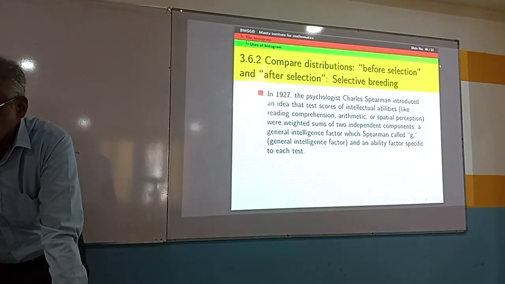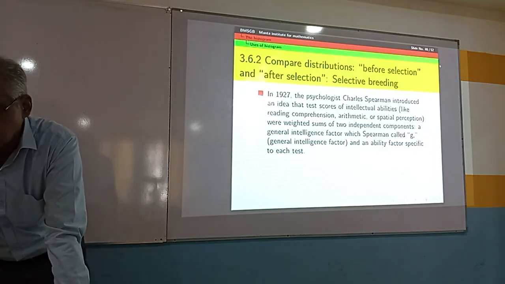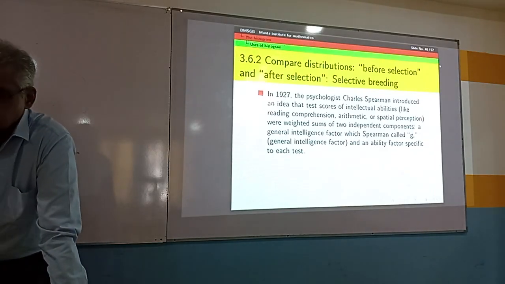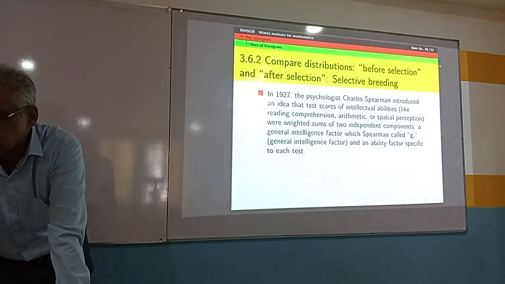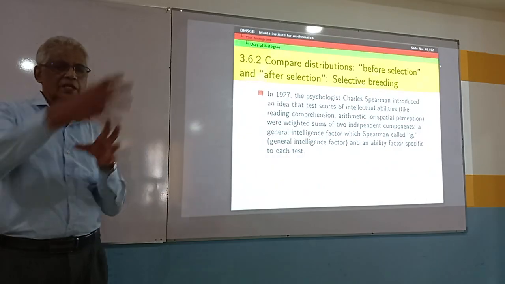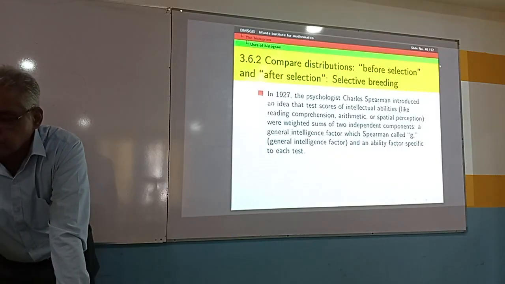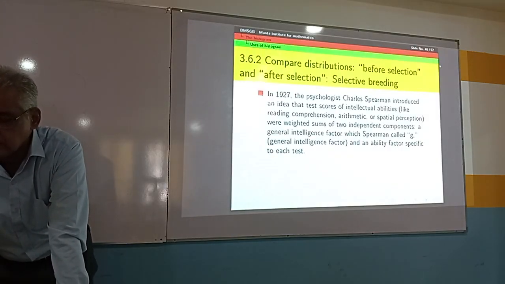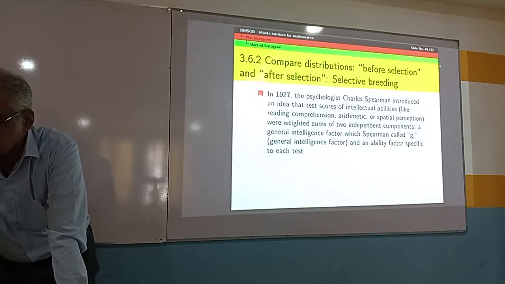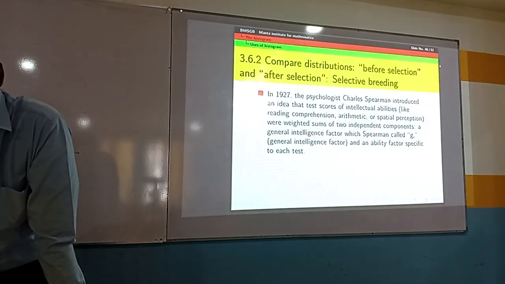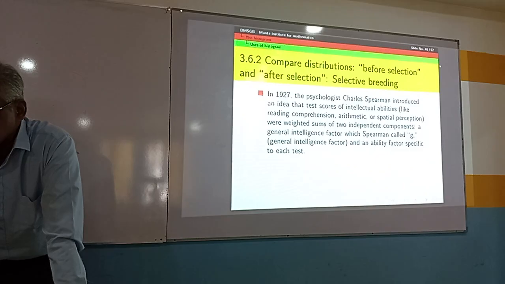So this person came up with a kind of conjecture or theory saying that the test scores are made of two things with a weight. That means some number times one component plus another number times another component. One component he called the general intelligence factor, denoted by G, and the other is called the ability factor. So that was a theory that came up from this person, Spearman.